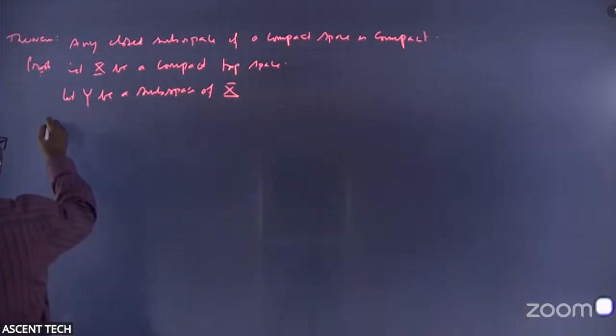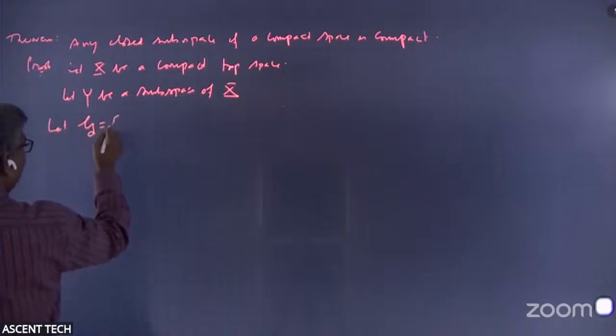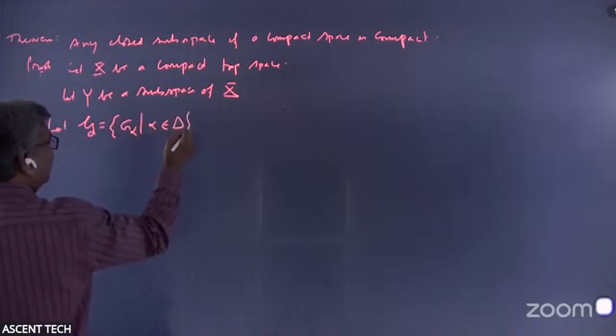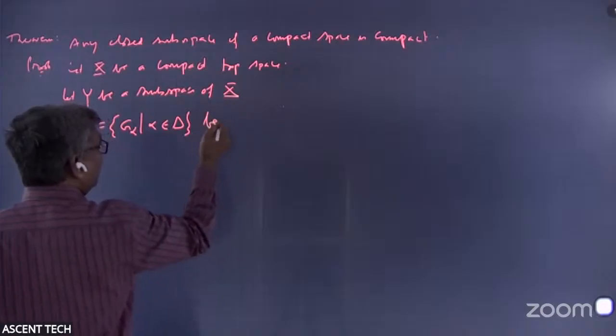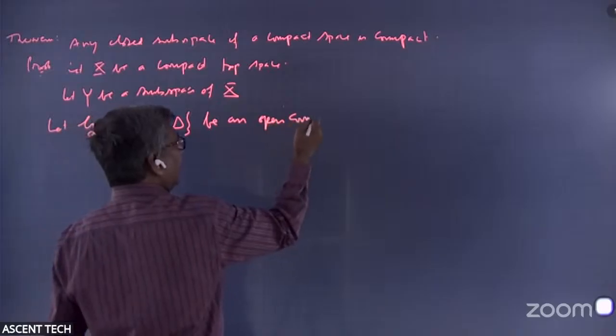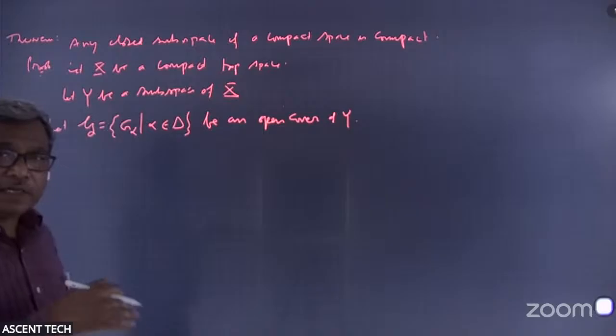Let G, consisting of all G alpha, alpha belongs to delta, be an open cover of Y. Actually, what is G alpha?